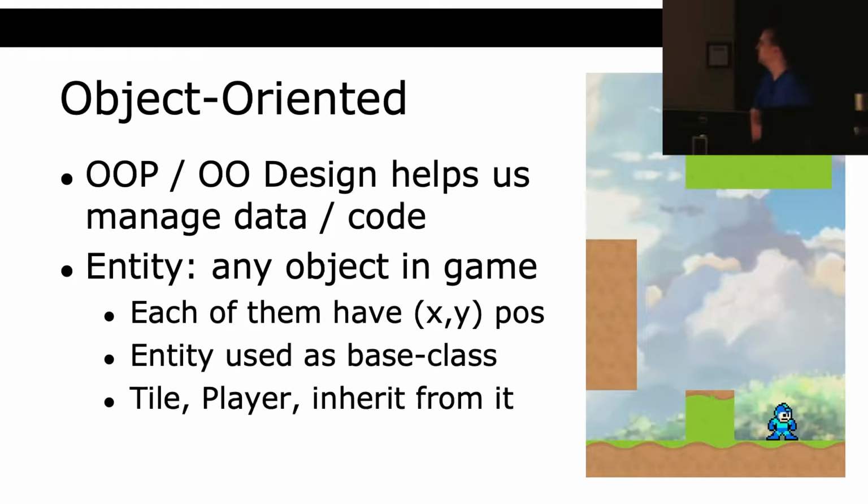So for example, one of the things that might be common to all the entities is a position. Like this thing actually has to live in the world somewhere, so maybe our entity base class would just store a position, for example. And then tile would be a derived class, player would be a derived class, and they would all inherit from that base class of entity, or maybe some other class would inherit from entity and then they would inherit from those things.